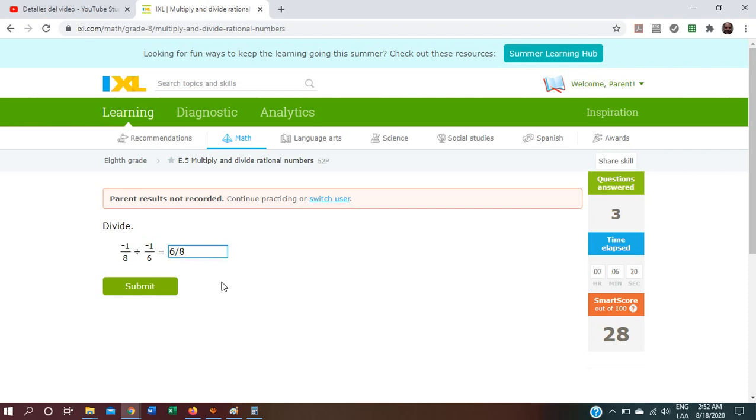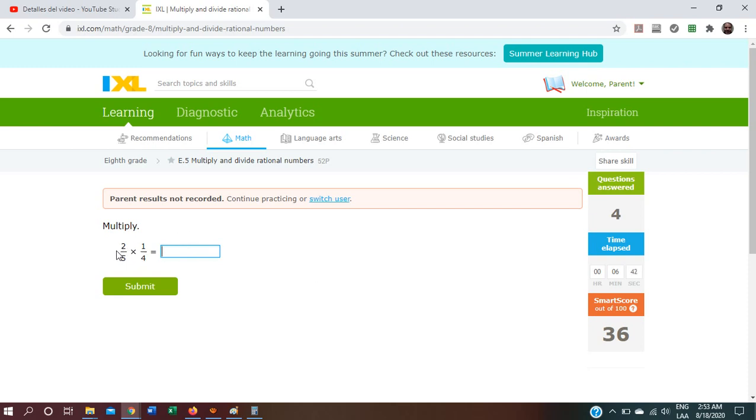What happens if you leave it like that? It is going to take it as a correct answer, but I really recommend that you reduce your answer. We submit it and it is well done. I didn't reduce it and it took it correctly, but I recommend always reducing it.